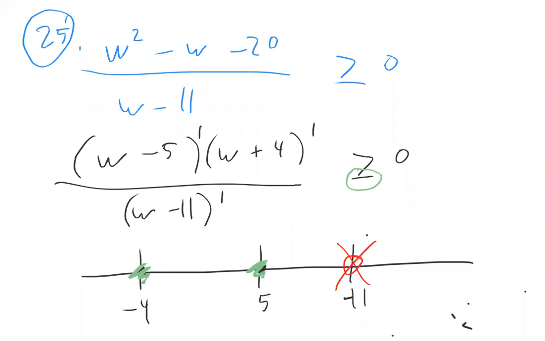Okay, now let me draw out the graph. So if I draw the graph, now what's the leading coefficient of this? It's 1 in front and then 1 in front. 1 over 1 is 1. So the leading coefficient is 1 over 1, which is 1, which is positive. So the leading coefficient is positive, meaning that the right side of the graph is going to be going positive, right?